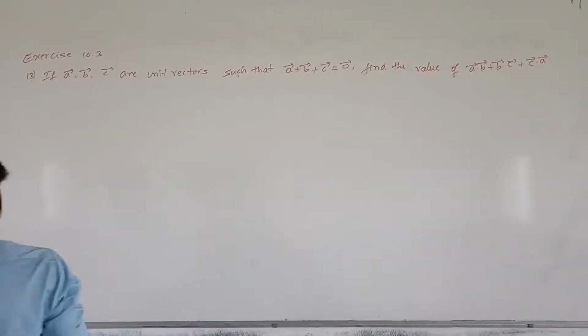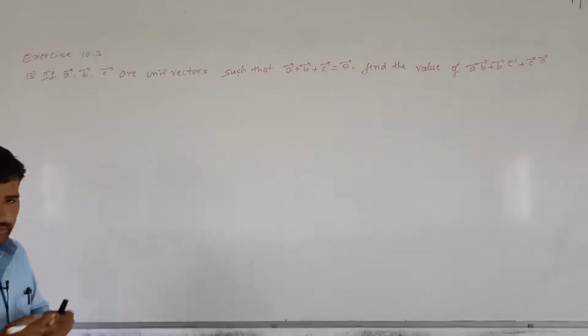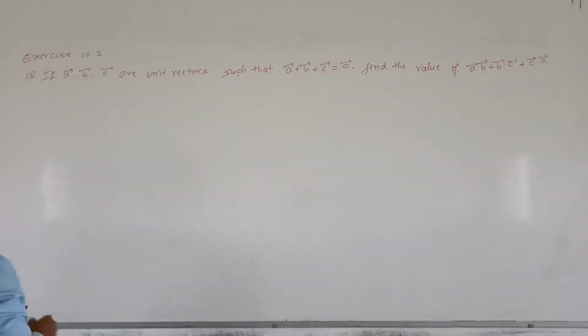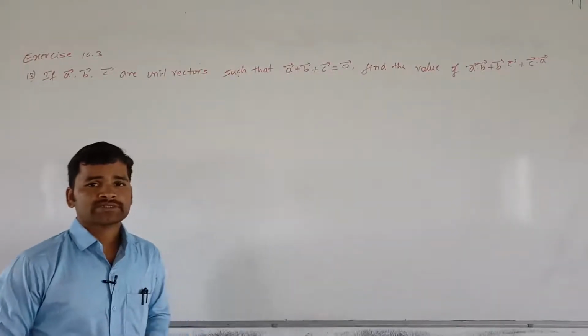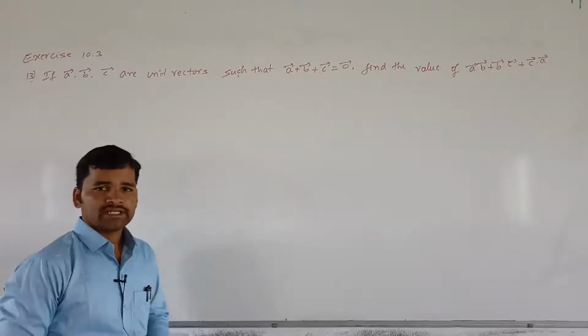Okay, now let us solve this problem. It is given that A, B, C are unit vectors. Unit vectors means its magnitude is 1 unit.